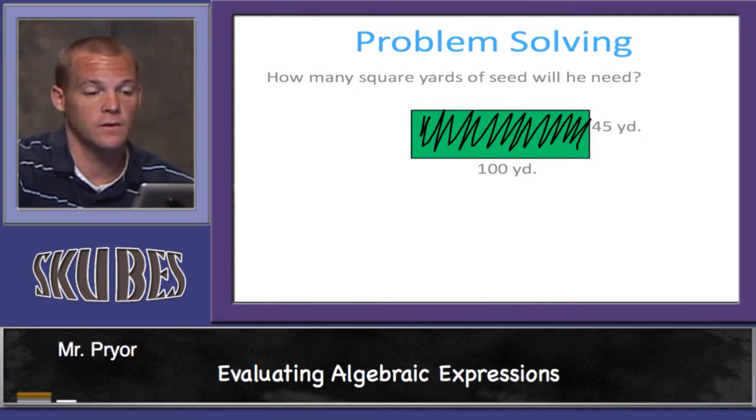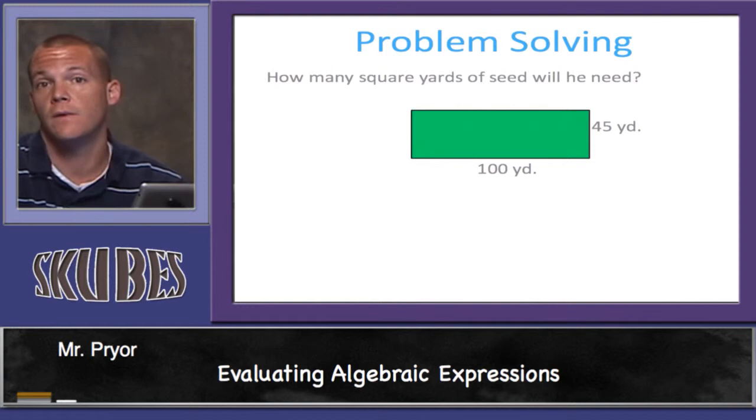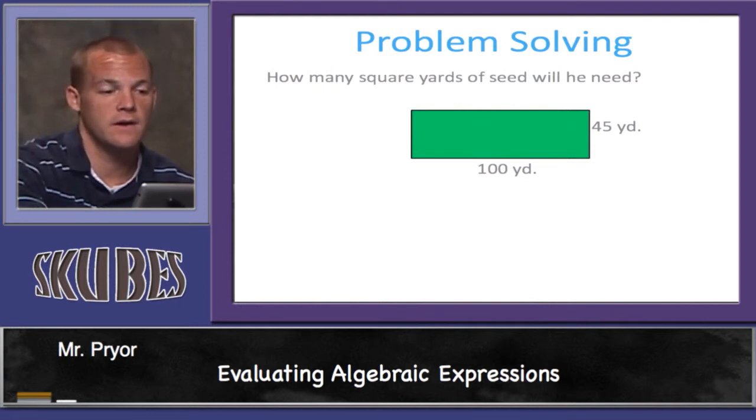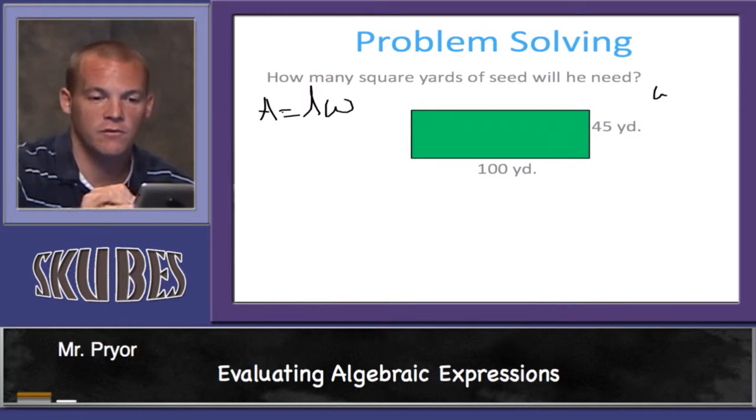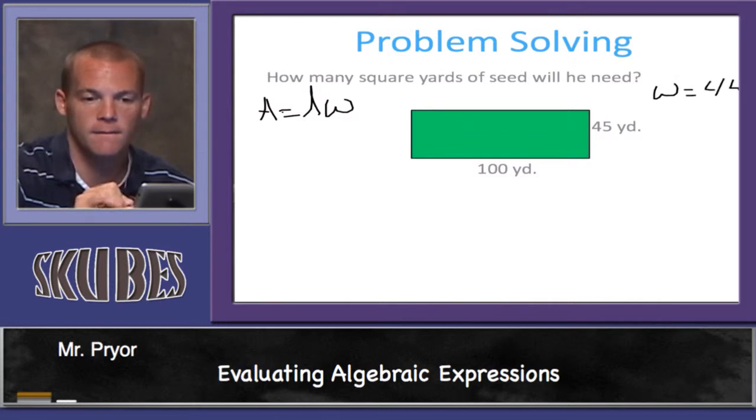So what that means is we're going to have to use the area formula. If you've forgotten what that is, that becomes area equals, for a rectangle, length times width. Okay, and our width, as I mentioned before, was 45, and our length is 100.